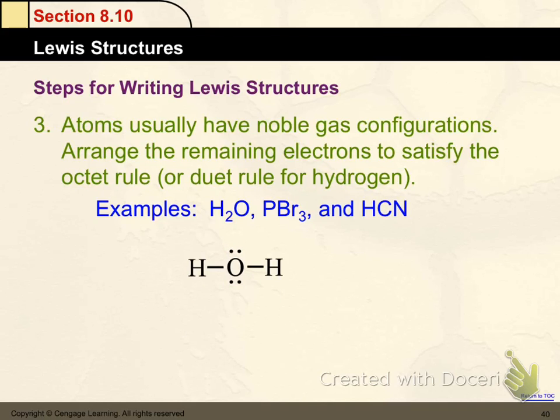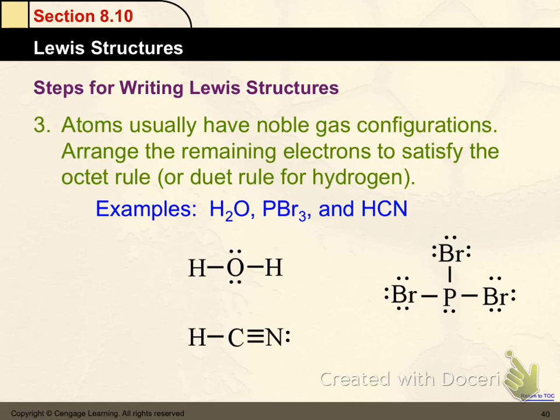Let's take a look at the other 2 examples we have on here. PBr3, okay, so that's phosphorus tribromide. And then the last one, HCN. Maybe you can go ahead and do HCN by itself. That's hydrogen cyanide. Horribly deadly stuff, by the way. And there it is. You'll notice that nitrogen often forms triple bonds because it has 3 single electrons.